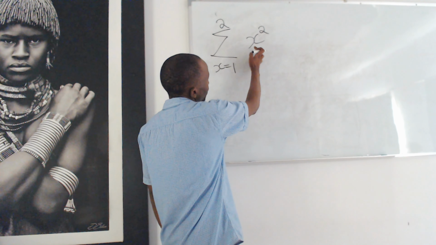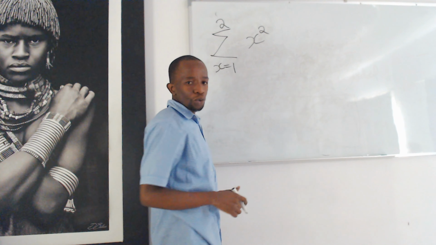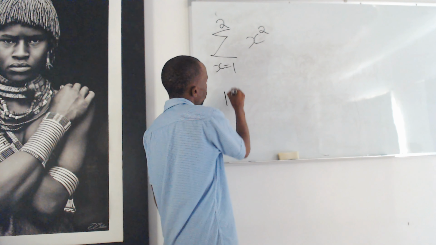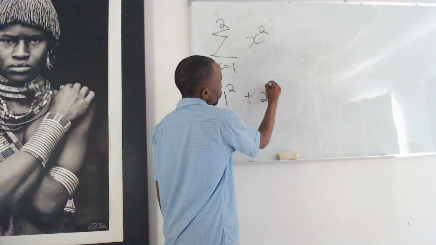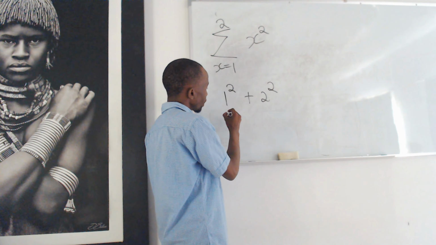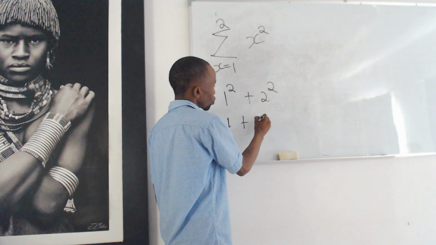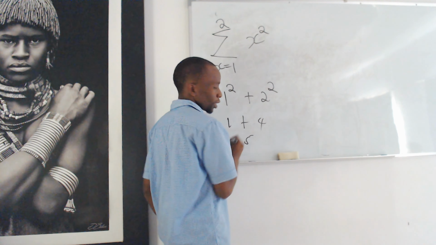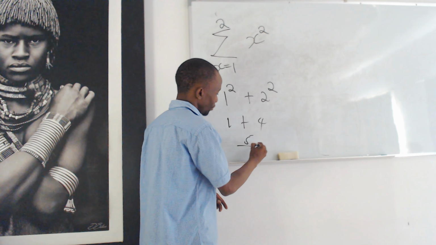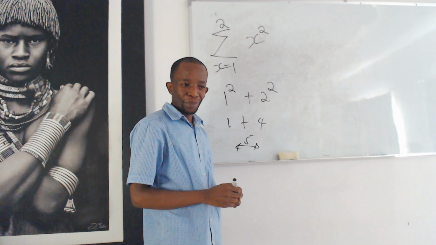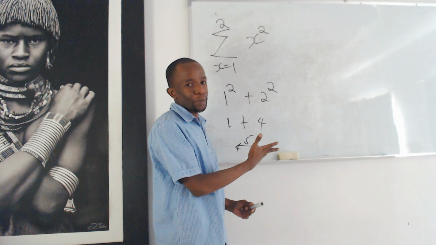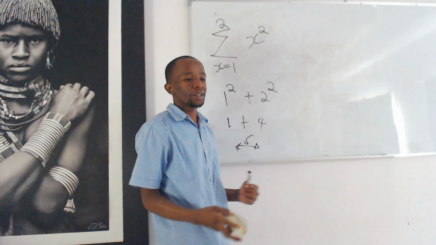It means we are adding x squared from 1 up until 2. So what we'll have is 1 squared plus 2 squared. 1 squared gives us 1. 2 squared gives us 4. At the end of the day, you have 5. Simple enough, right? That is the summation. Very simple.